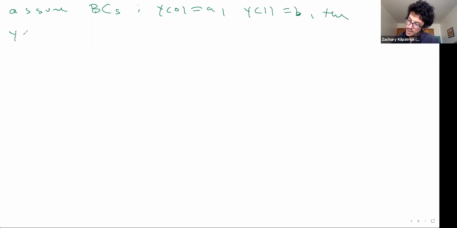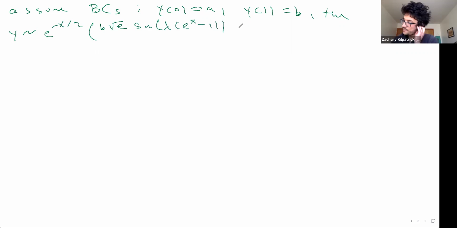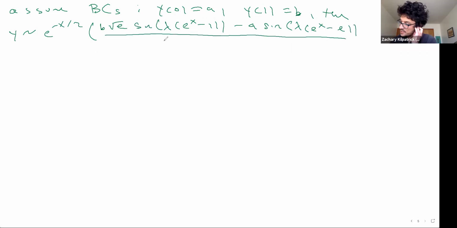Then y is, to leading order, e to the minus x over 2 times b square root of e sine of lambda e to the x minus 1, minus a sine of lambda e to the x minus e, divided by sine of lambda e minus 1.